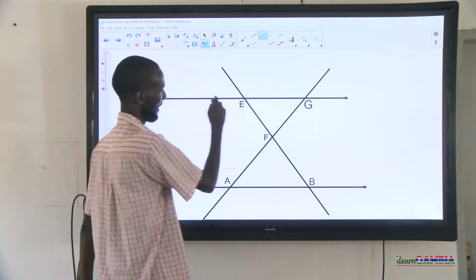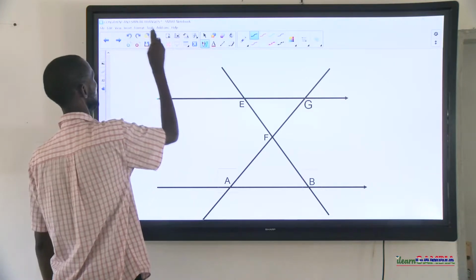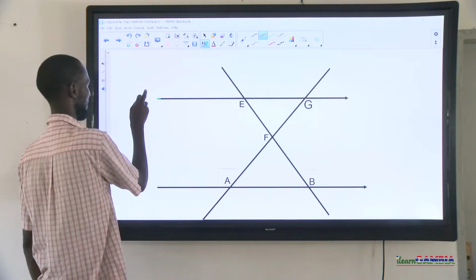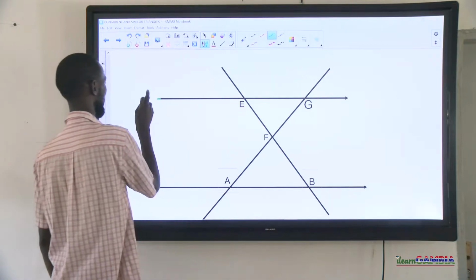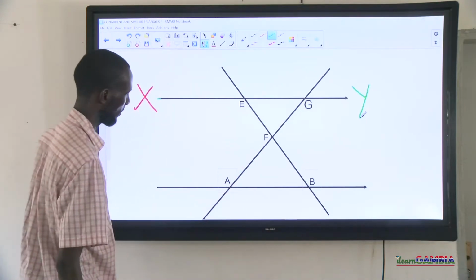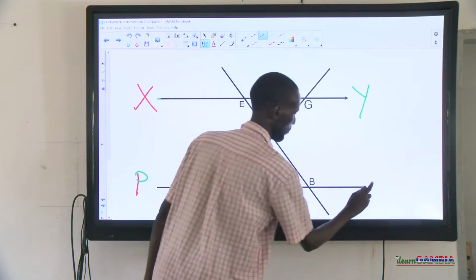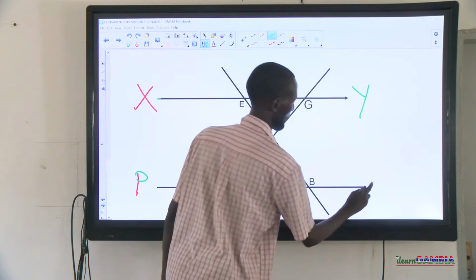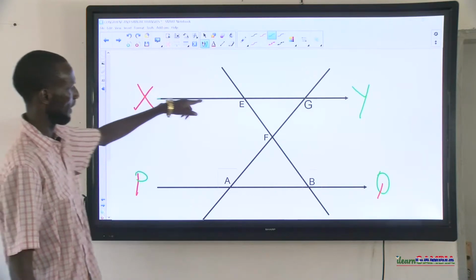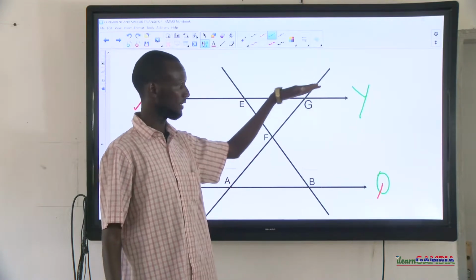We have this line, let's name this line as XY, and then the other triangle, I can name it as, say, P and Q. And if you observe here, line XY is actually parallel to line PQ, because you can see the arrows, all right? So these two lines are definitely parallel.